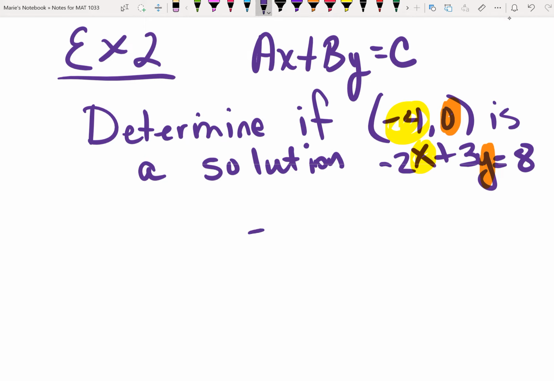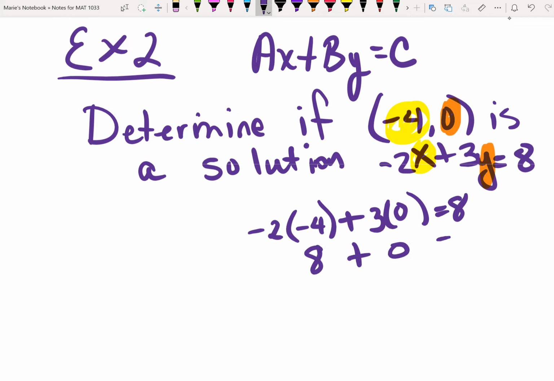So this becomes negative 2 times negative 4 plus 3 times 0 is equal to 8, and we're trying to assess whether or not it's true. Well, this gives you 8 plus 0 is 8, which is obviously true. So you would say, yes, this is a solution for this particular equation. If you try another one, so let's change the numbers up, and again, remember, all I did was substitute.